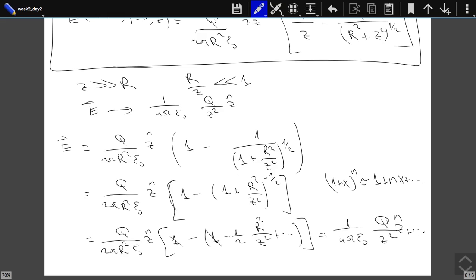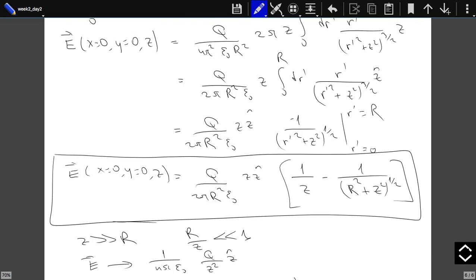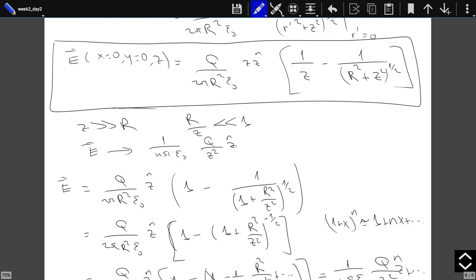But at least the first non-zero term, if we are sufficiently far away from our disk, does coincide with what we expected. So at least at this point, there is nothing that would make us suspicious that we might have made some mistake in the calculation. The units match. The certain limits that we could test coincide, so most probably we didn't make any mistake.